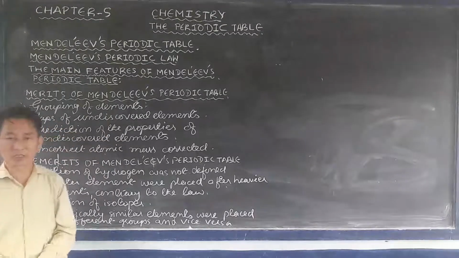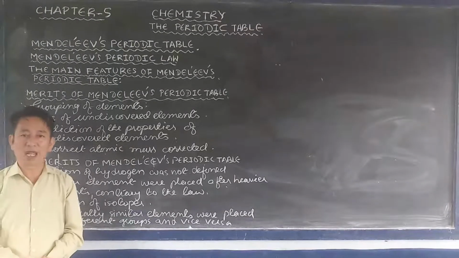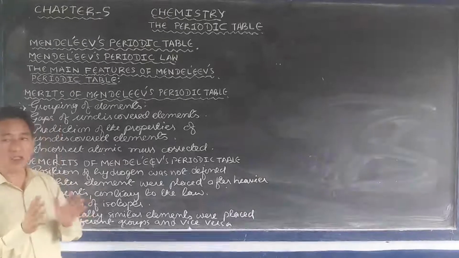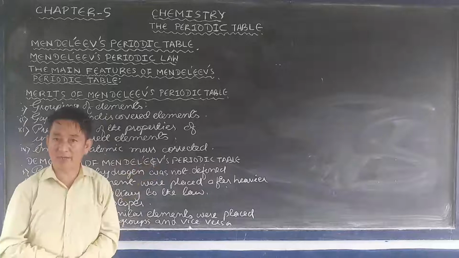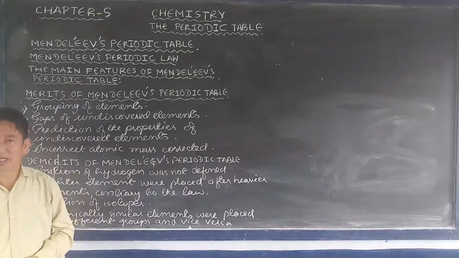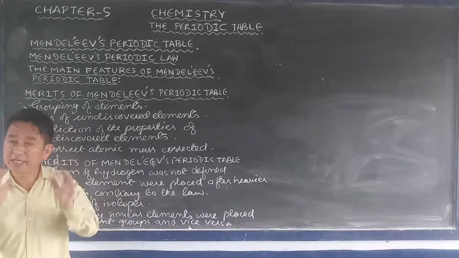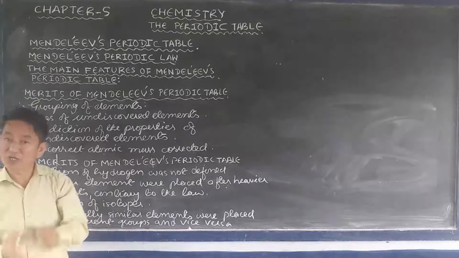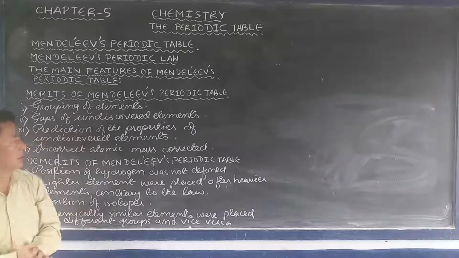Now next, merits of Mendeleev's periodic table. Number 1, grouping of elements. He generalized the study of the elements, and they were placed in only 8 groups. Number 2, gaps for undiscovered elements. He left spaces or gaps in his table for undiscovered elements, and he knew that these elements would be discovered later on.